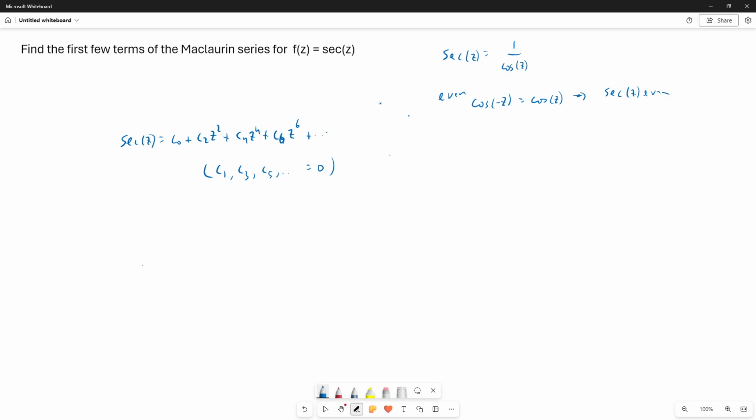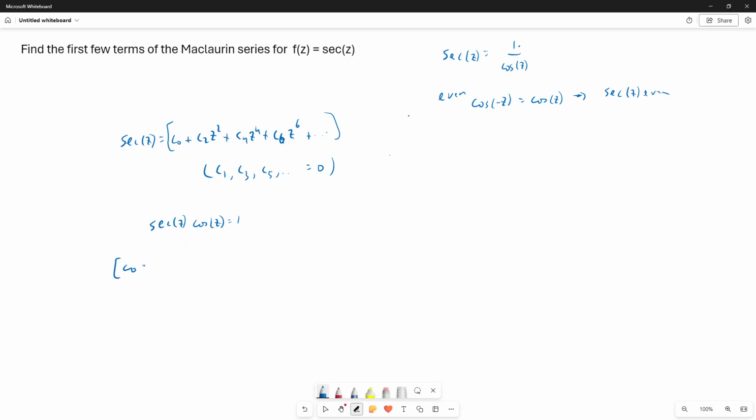Okay, so what we're going to do is multiply these two together and get 1. So secant of z times cosine of z is equal to 1. Secant of z we will express like this, and cosine of z we have a Maclaurin series for that.